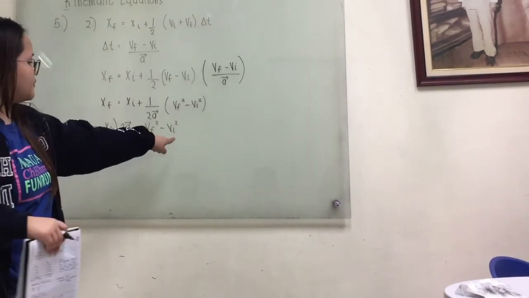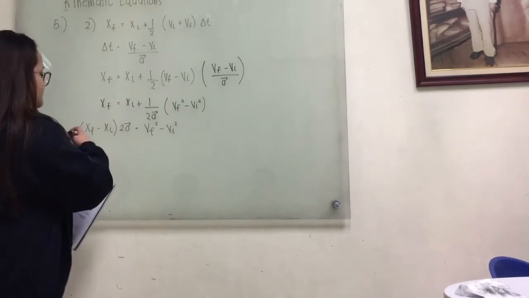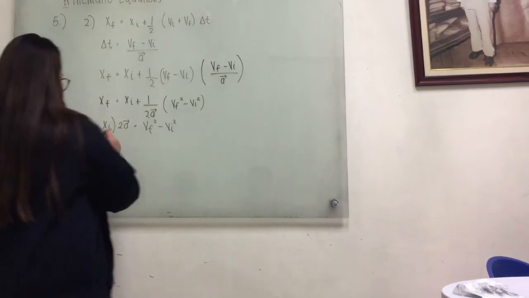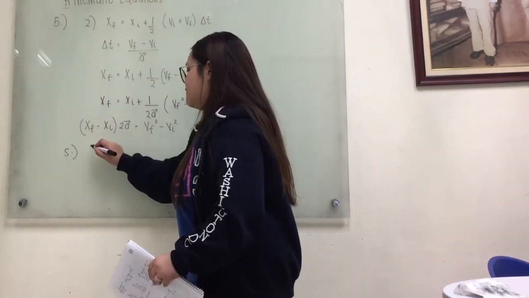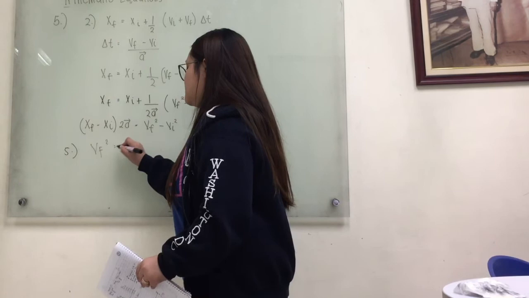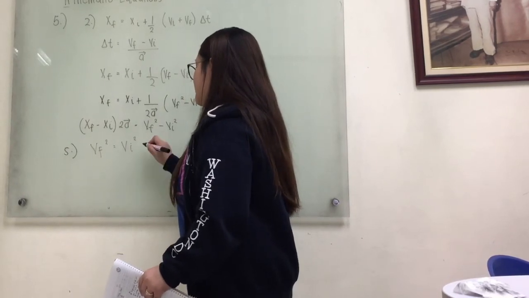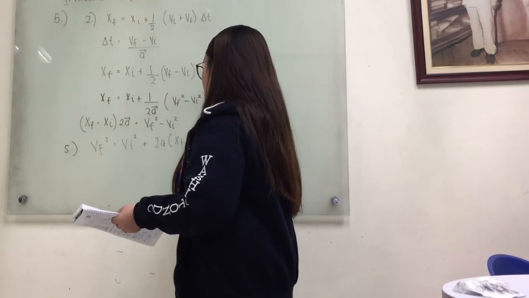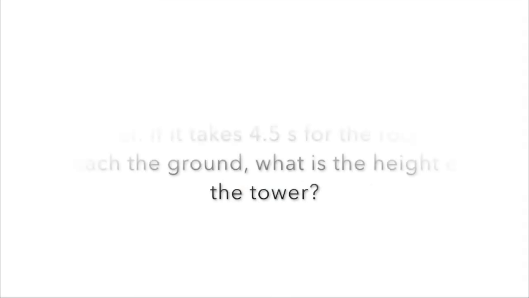We will also transpose this initial velocity to the other side, and our final fifth equation will become vf squared is equal to vi squared plus 2a times (xf minus xi).